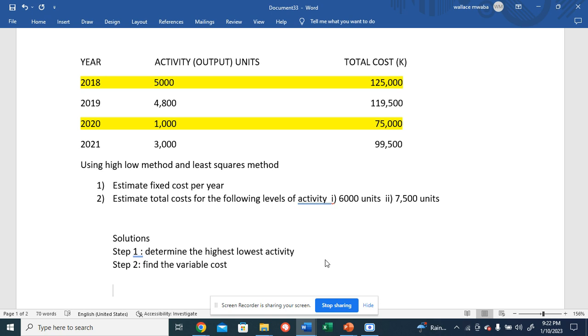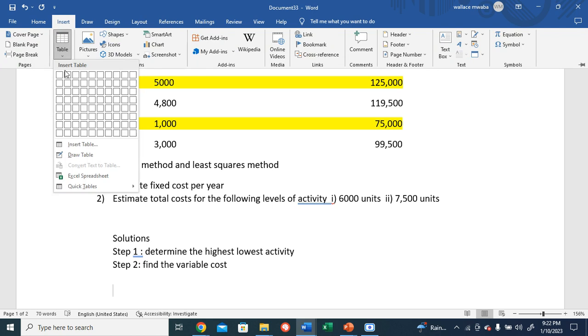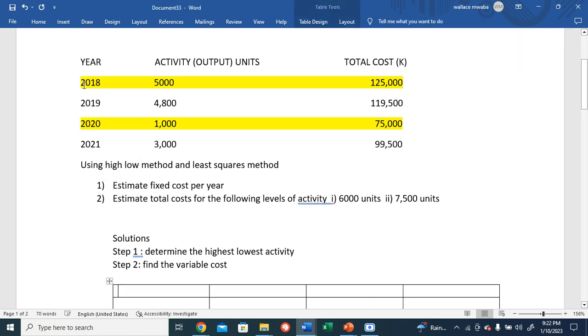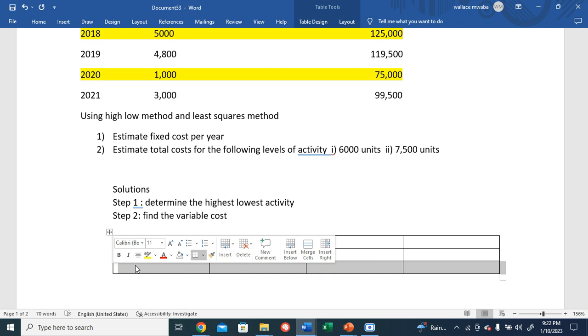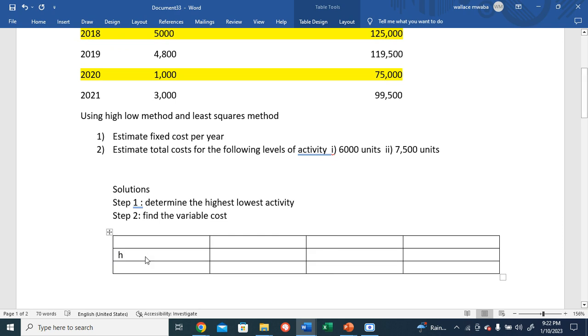Find the variable cost. I can make a small table here: highest activity, number of units, and cost.